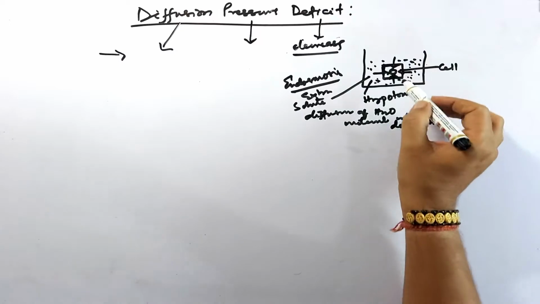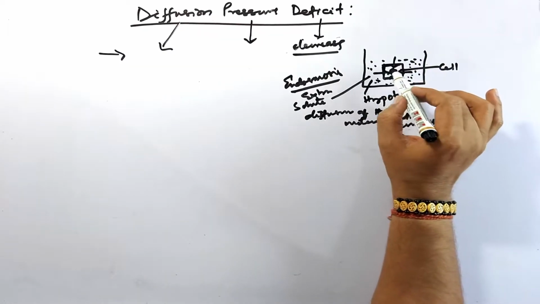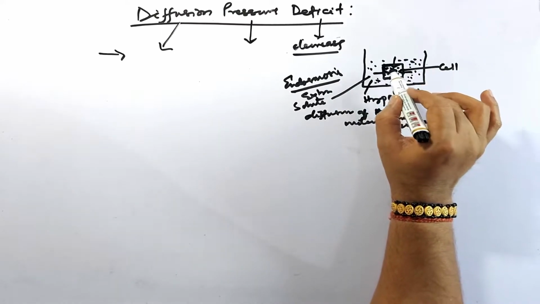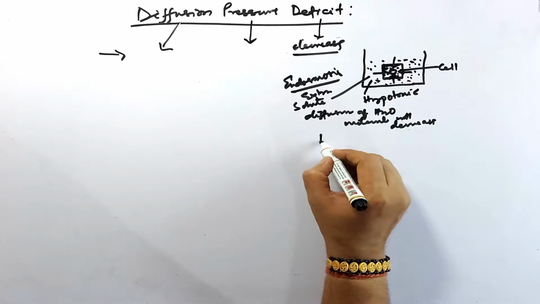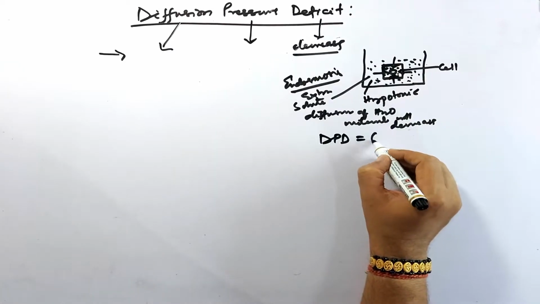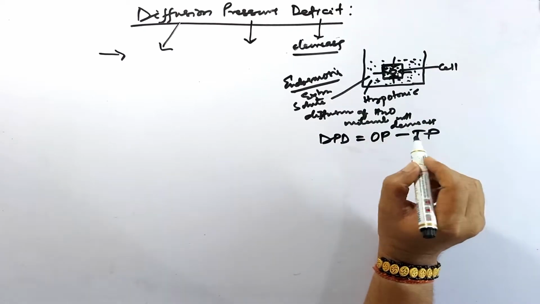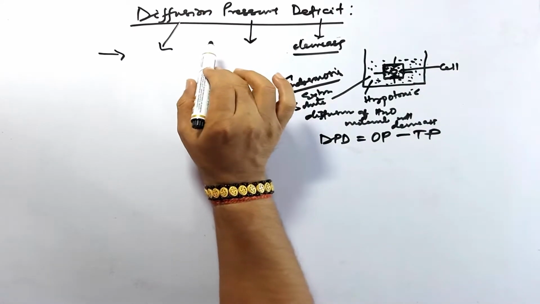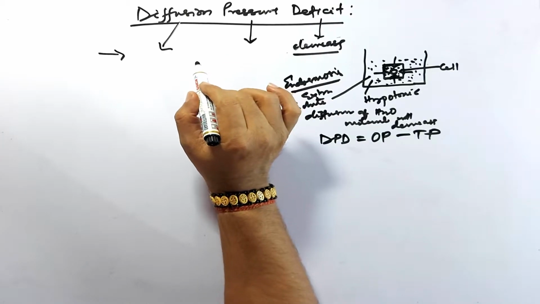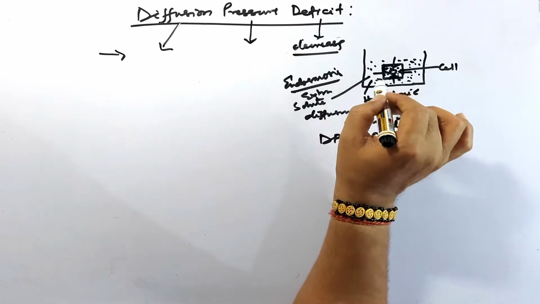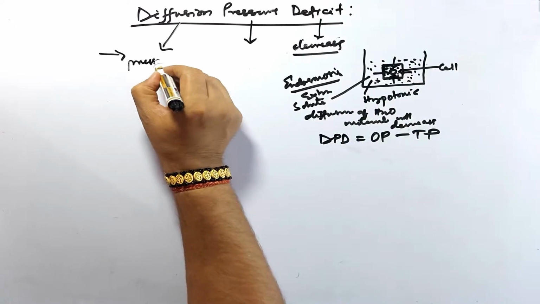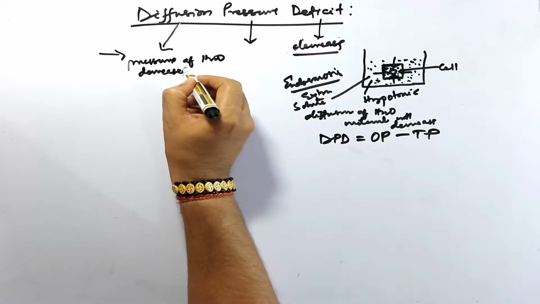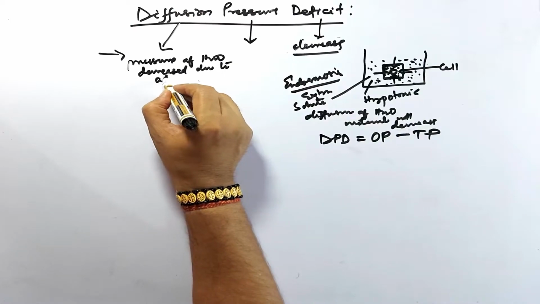There is always a movement when there is a difference in the osmotic pressure and the turgor pressure. So we can also write DPD equals OP minus TP. I will discuss this in detail. Before that, the diffusion pressure deficit is because the pressure of water is decreased due to the addition of solute.